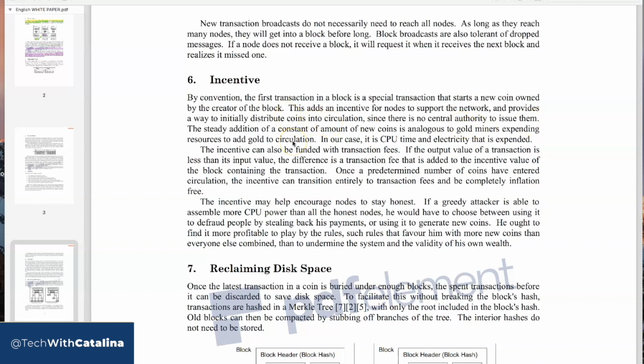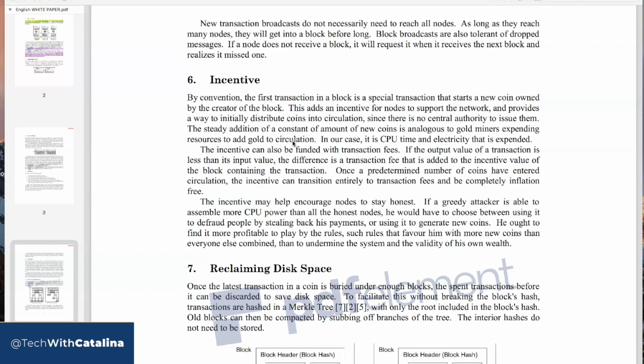In that Coinbase transaction, we have all the fees of all the transactions that are in the block and the block reward. The block reward is currently 6.25 Bitcoin that are created every time a new block is mined. So whenever a miner mines the new block, he is creating new Bitcoin, which are 6.25 Bitcoin every time.